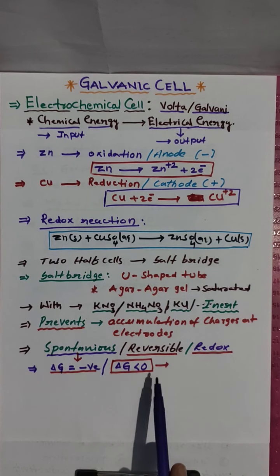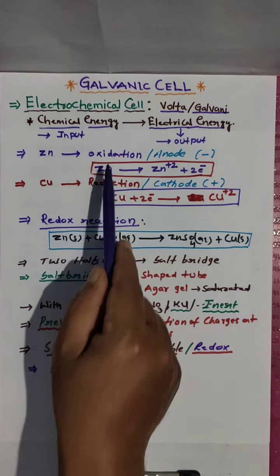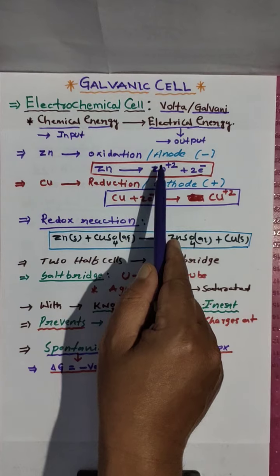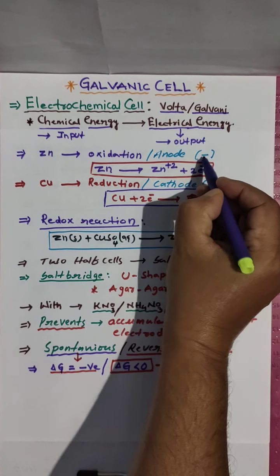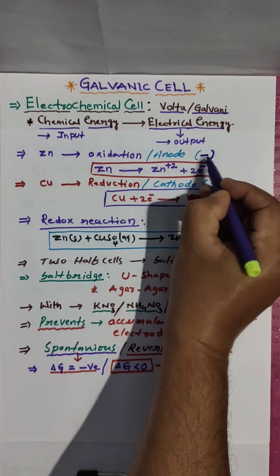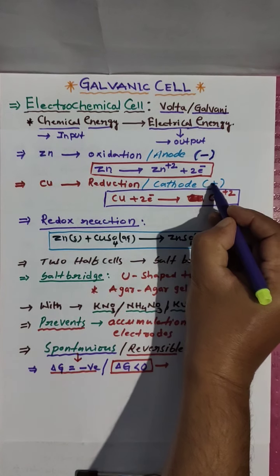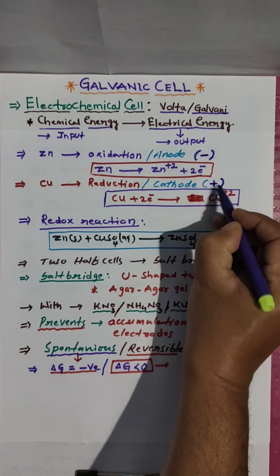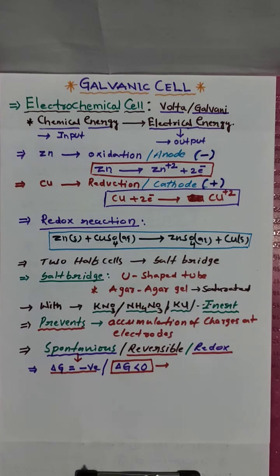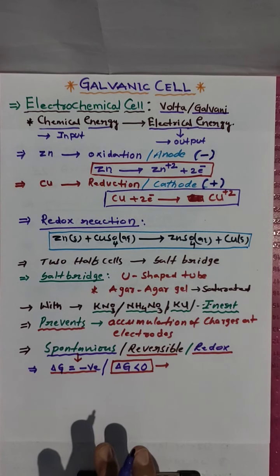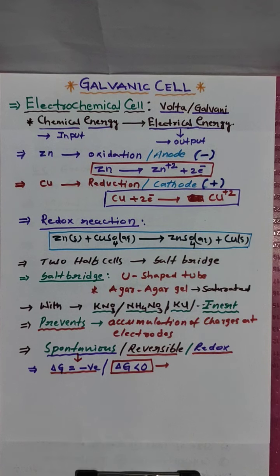Delta G value is negative, and oxidation takes place at the anode. The anode we always take as negative, and copper gets reduced at the cathode, which we take as positive. So this is about the galvanic cell.